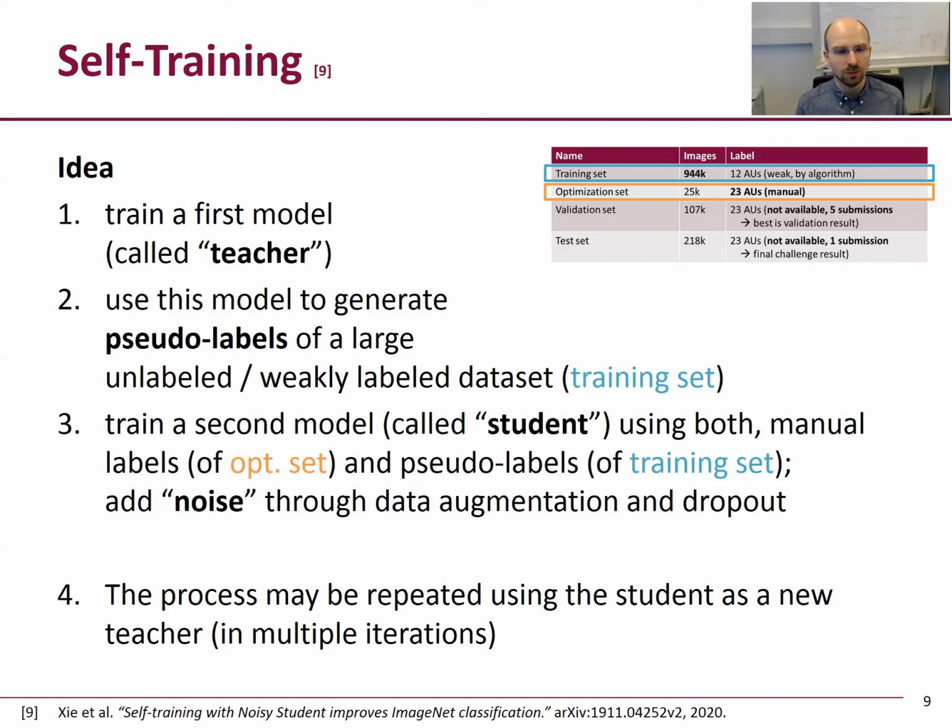For this, we use both the manual labels of the optimization set and the pseudo labels of the training set. We also add noise using data augmentation and dropout. The self-training process may be repeated using the student of one iteration as a new teacher in the next iteration.